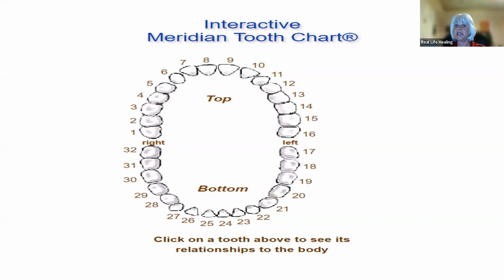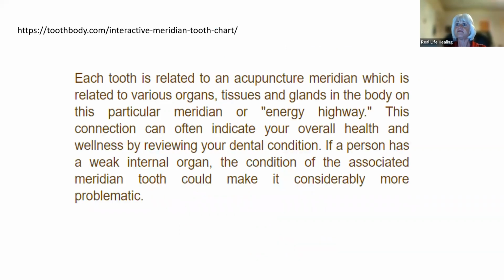I was quite amazed when he said, well, you do know that every one of your teeth is related to an acupuncture meridian, which is related to various organs, tissues, and glands in the body on this particular meridian or energy highway. This connection can often indicate your overall health and wellness by reviewing your dental condition. So we really have to pay attention.